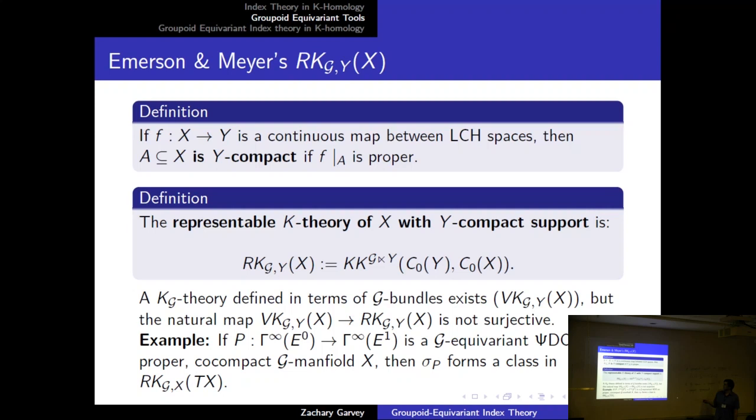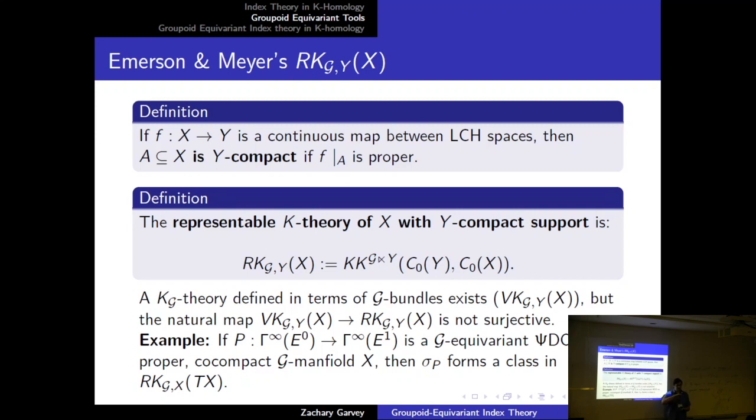The representable K-theory of X with Y compact support is given by Le Gall's KK, where you take the groupoid to be the action groupoid of G on Y, and this action groupoid has base space Y, and this is the equivalent of the complex numbers in this category.